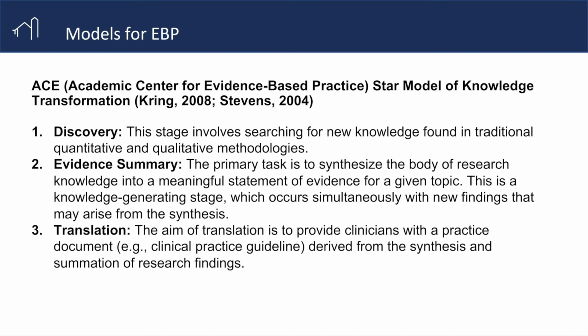The aim of translation is to provide clinicians or practitioners with a practice document, for instance, guidelines or frameworks or recommendations derived from that synthesis and summation of the research findings. So once we look for the research and synthesize the research, we determine how that research is applicable to our own work, and we develop a list of things that we can then directly apply to our field of work based on that research.